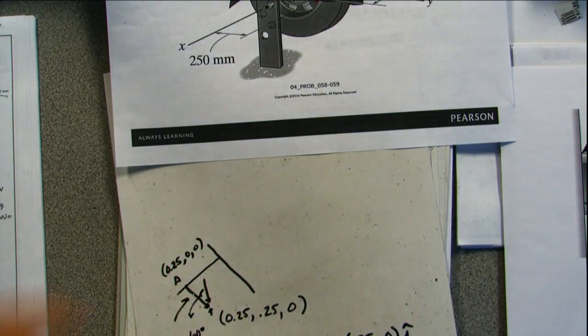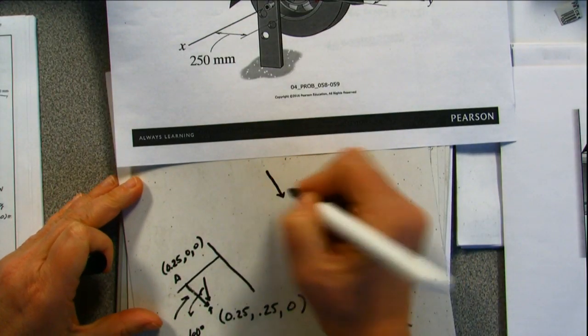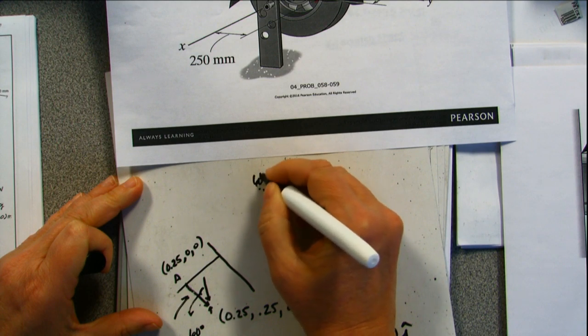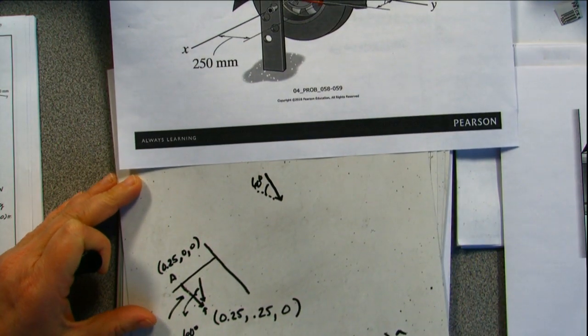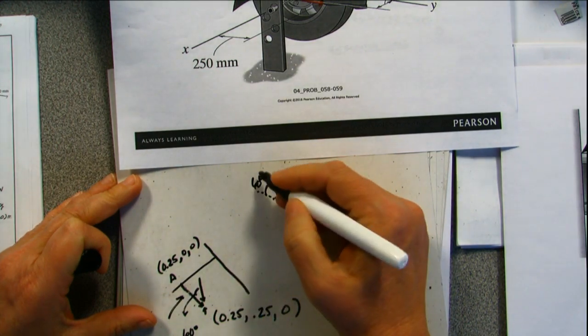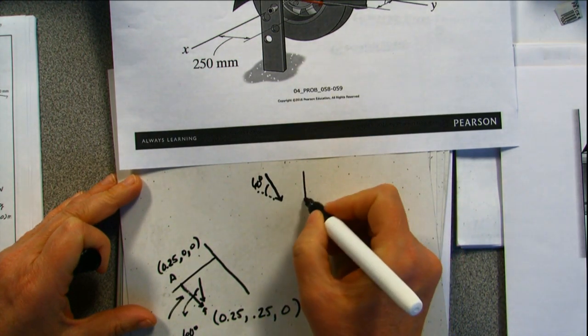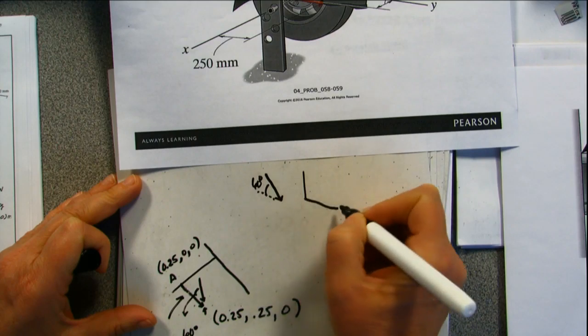So this is my force, right? That's 60 degrees. It only has a Z component and it has a Y component.